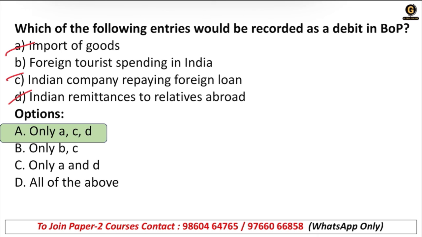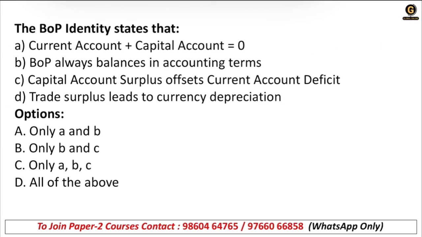The BOP identity states that current account plus capital account is equal to 0. BOP always balances in accounting terms. Capital account surplus offsets current account deficit, or trade surplus leads to currency depreciation.